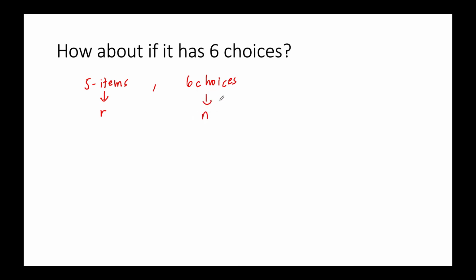Why is that so? Because it means that we still have to choose 5 choices to put in this number of positions or items. So you have to take 5 out of 6 choices. You have to arrange 5 out of 6 choices.